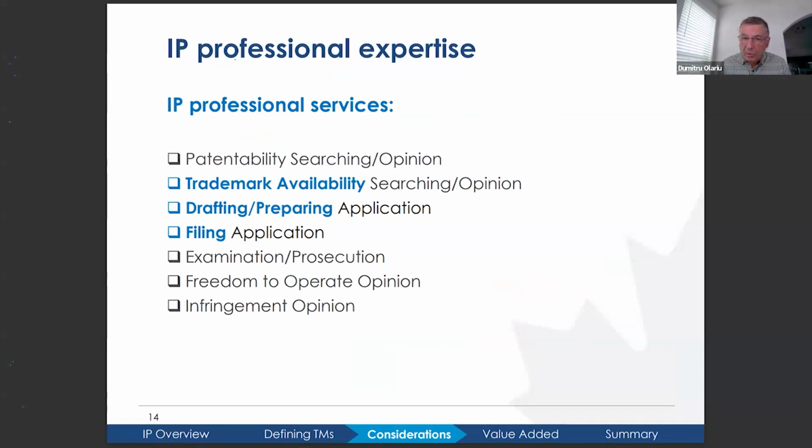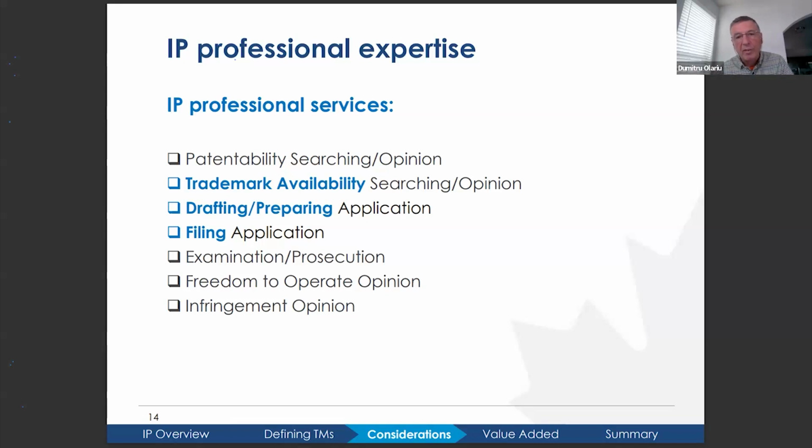They can also help you in drafting and writing your trademark application. Basically, they will help you choose the trademark and also list those products and services associated with that particular trademark that have to be part of the application. Then they may take care of filing the trademark application and also processing it.